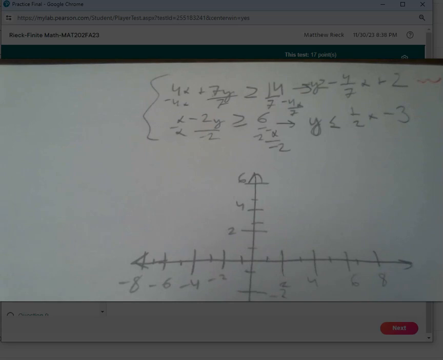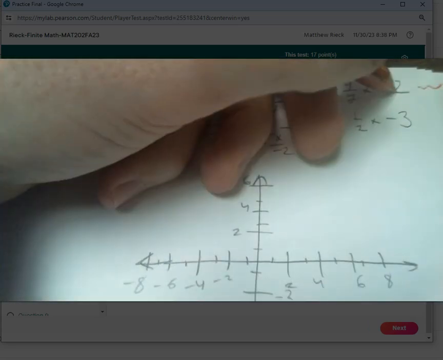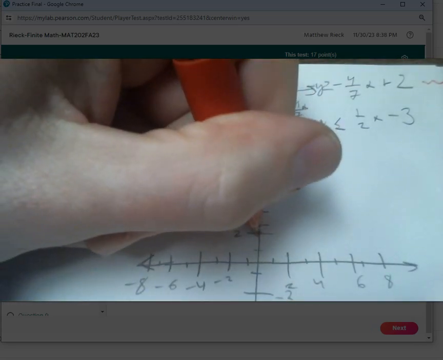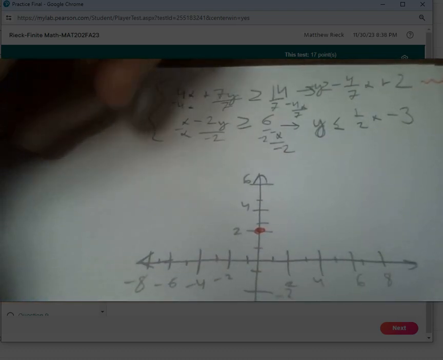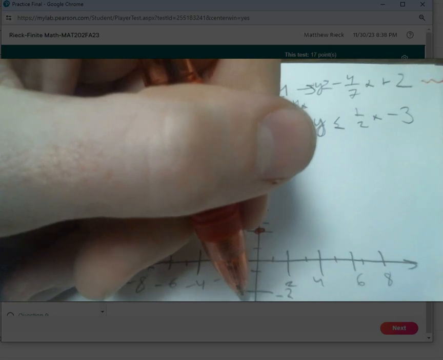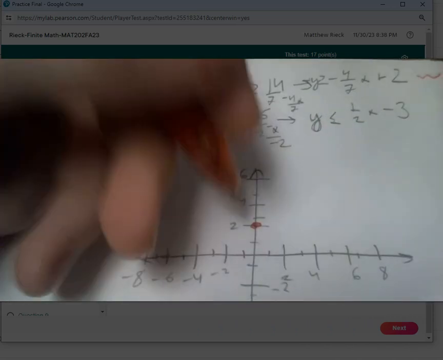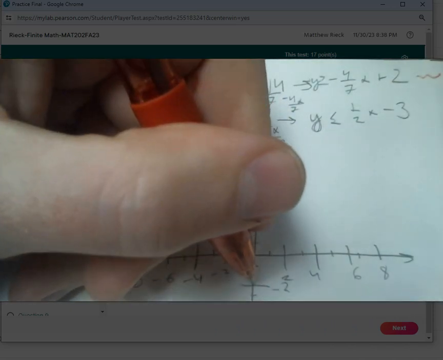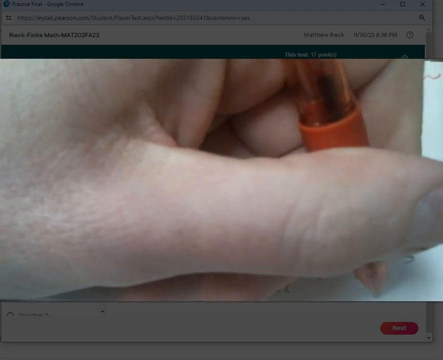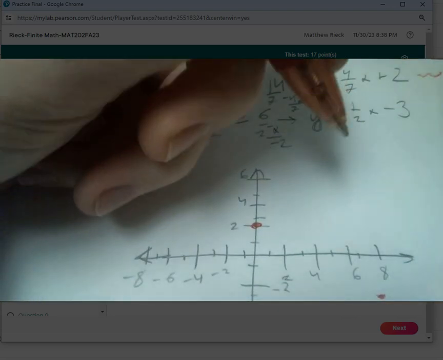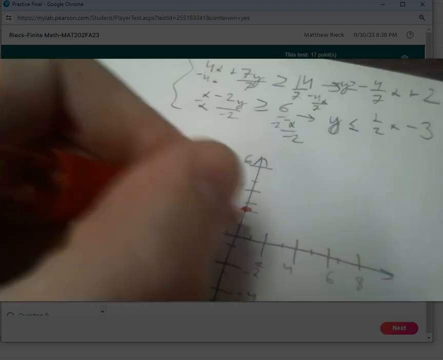The first one I'll do in red: we have a y-intercept of 2, so that's right across the y-axis. Then we have a slope of negative 4/7. To find my next point, I can go down 4, so 1, 2, 3, 4, that would be at negative 2, and then move over to the right 7. I can connect the dots from there.